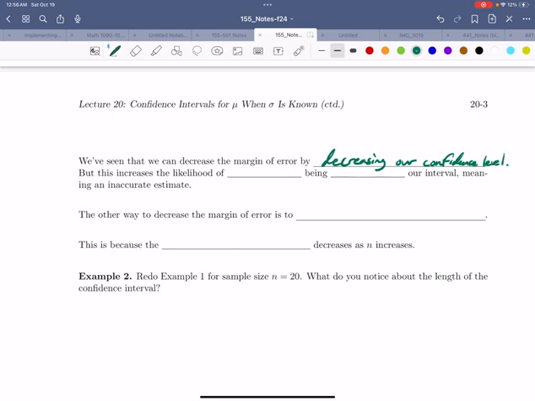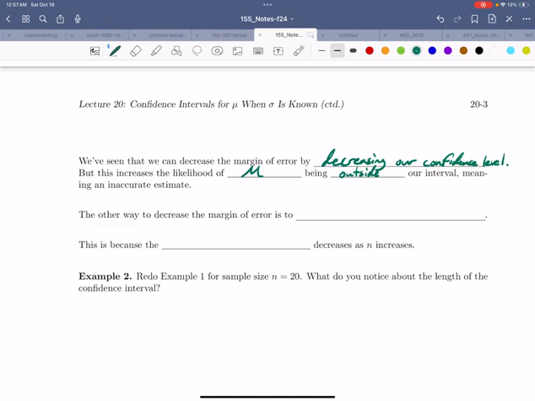right? But this increases the likelihood of the population mean being outside our interval, which means that we use statistics to get an inaccurate estimate, which is really not a good thing. It's going to happen sometimes, but we don't want it to happen too often. Okay.